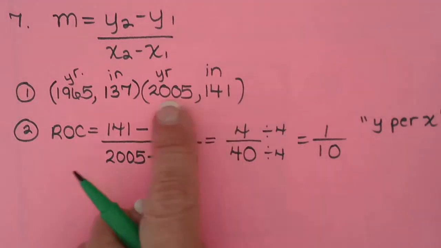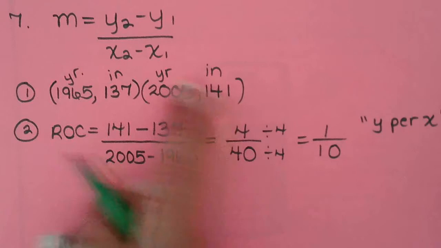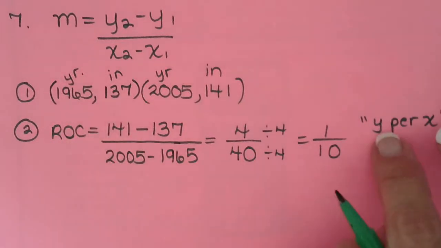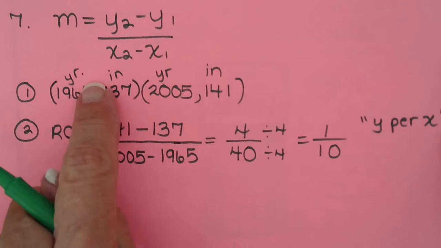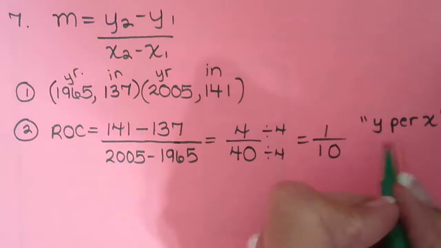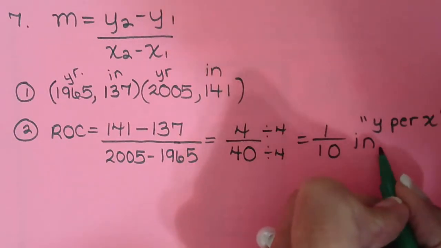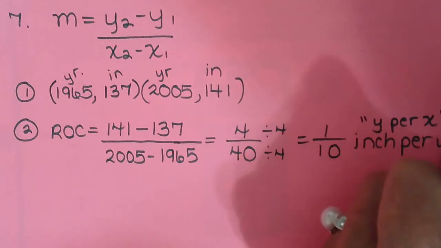And that's why I had you label these. This is the year, this is the inches. So y per x would be inches per year, or since this is a fraction, it'd be 1/10 inch per year.